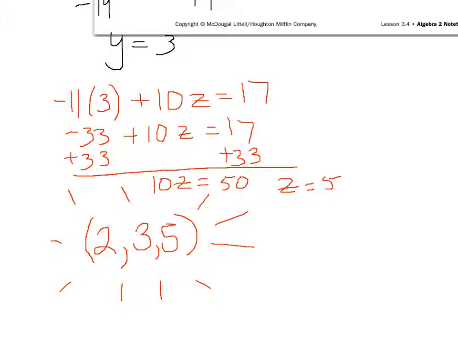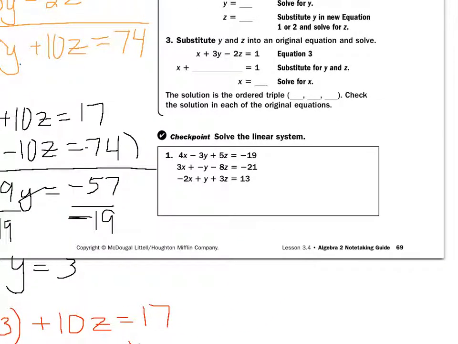Okay, let's look at your checkpoint here. And let's talk about how to do this checkpoint. What I would do first is take these two equations and add them down. You should get x plus 11z equals negative 8.